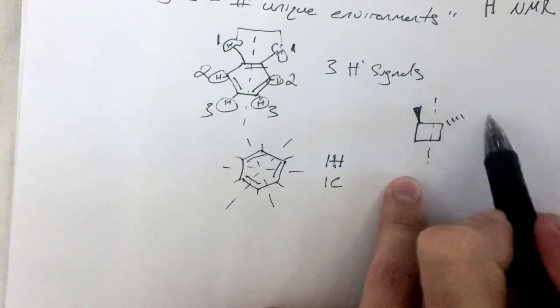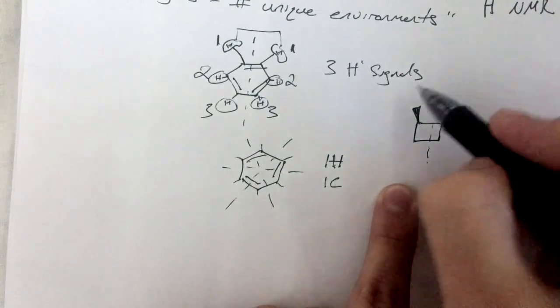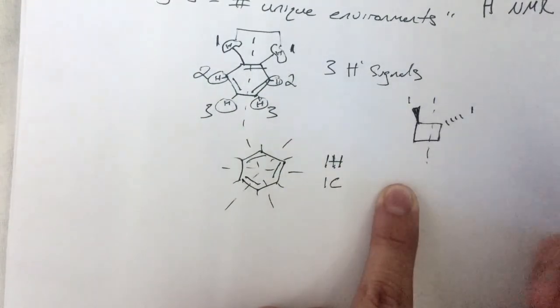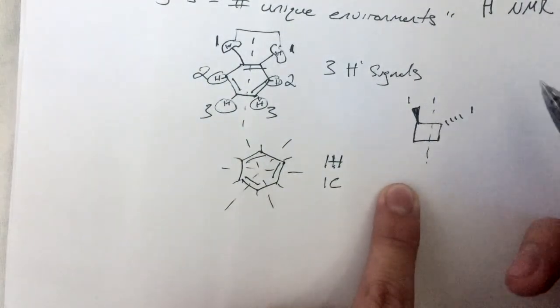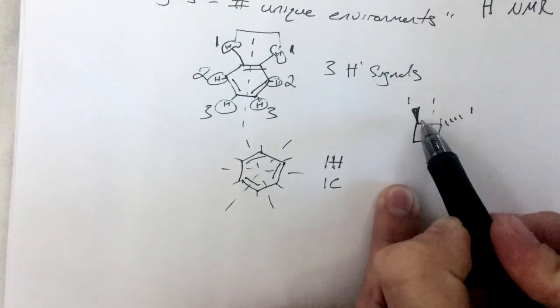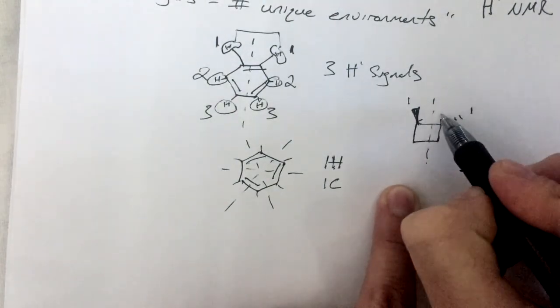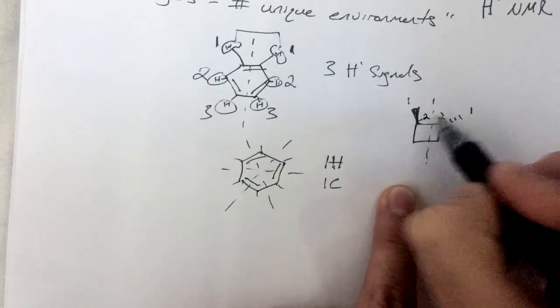Here we have hydrogens here and hydrogens here, and because of the line of symmetry, these are in the same environment. We have implied hydrogens here, which are in the same environment. 2, 2.